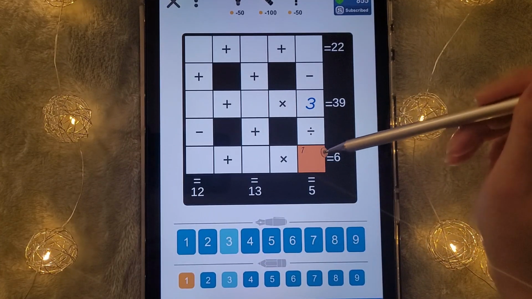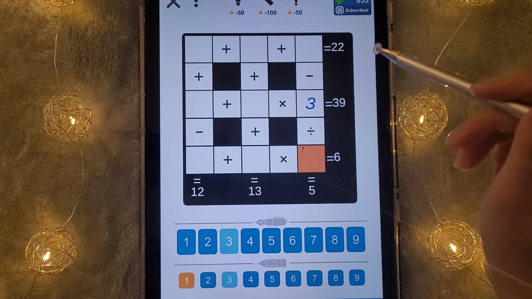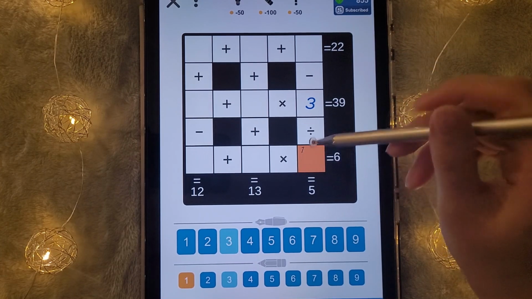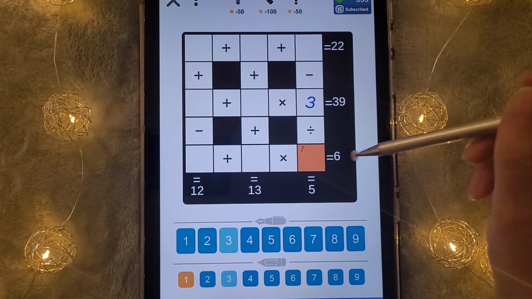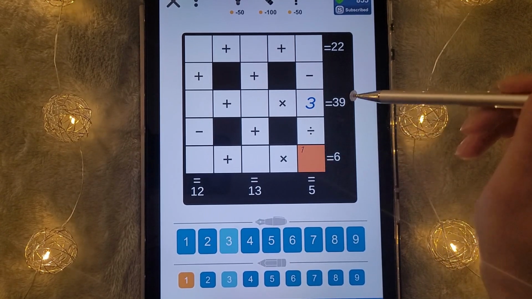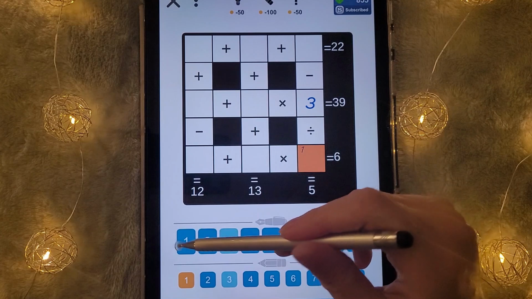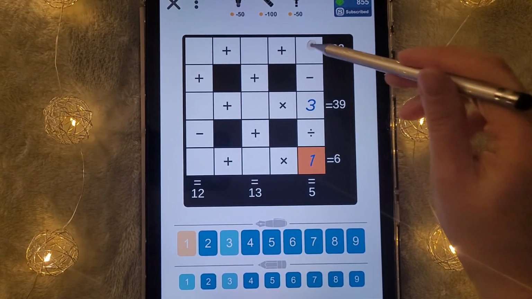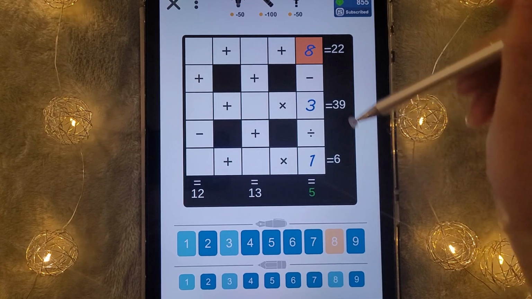And we can't divide anything by 5, so I think that this one has to be a 1. I feel like I'm messing that up somewhere, but in my mind it makes sense that that can only be a 1, and so this has to be an 8.